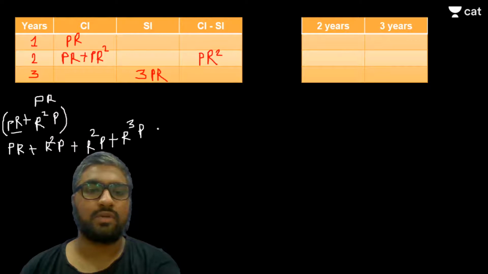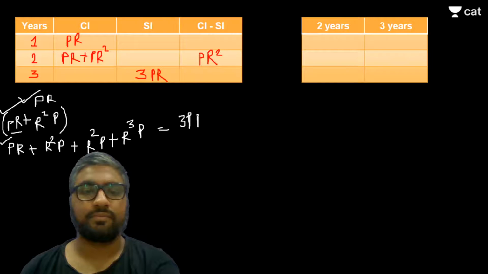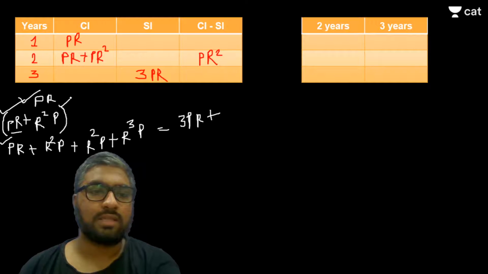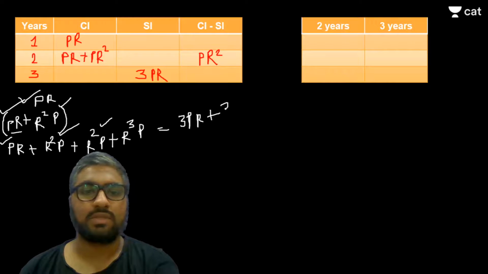This gives me altogether 3 times PR plus 3 times R square P plus R cube.